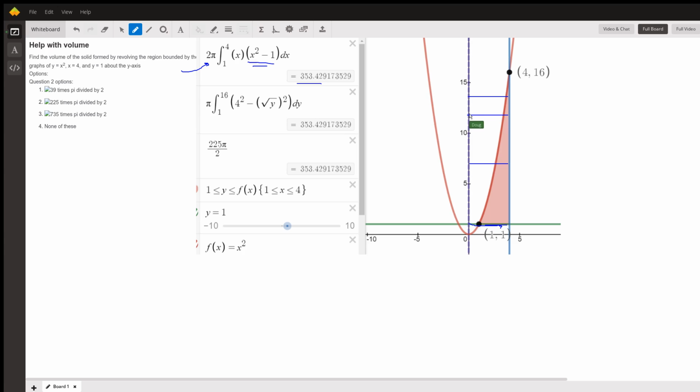The outer radius is the distance from the axis of revolution to the outermost point, and that's always going to be 4. The outer radius is always going to be 4, so we've got 4 squared here. That's the outer radius squared minus the inner radius squared. Well, the inner radius is this distance right here.